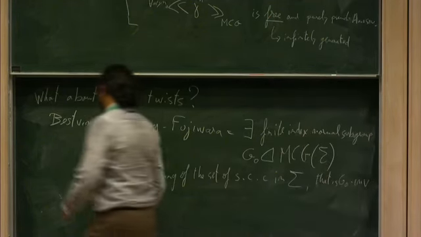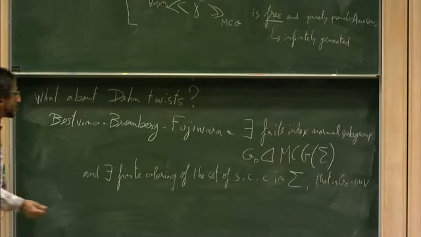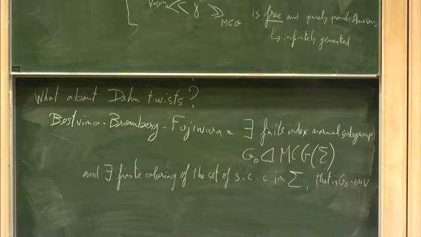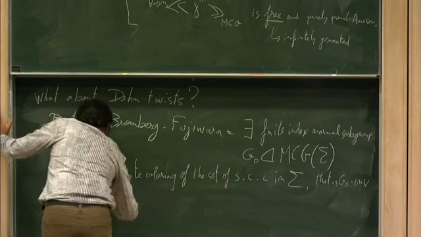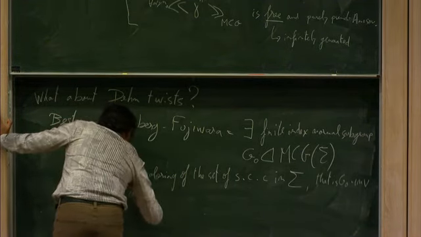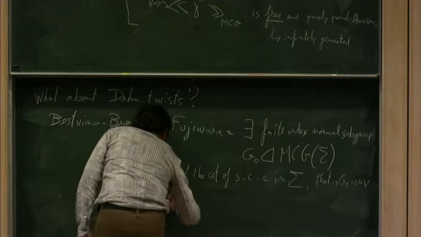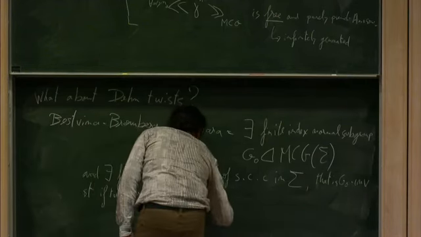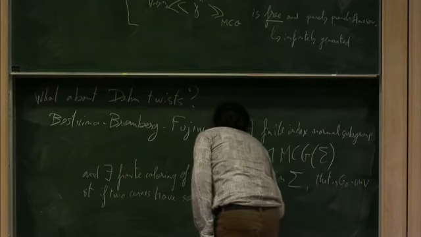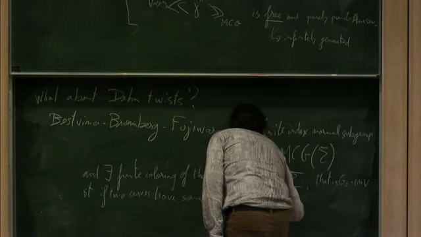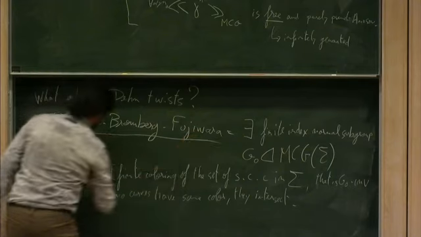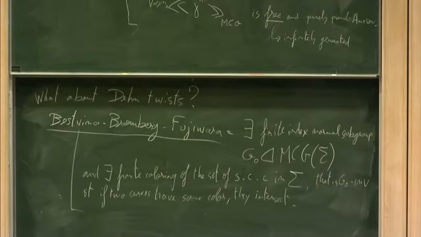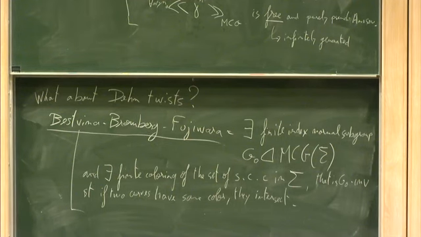And it has a property, technical but I state it because it's short, that if two curves have the same color, they intersect. And that's a very nice observation, but it has some consequences.